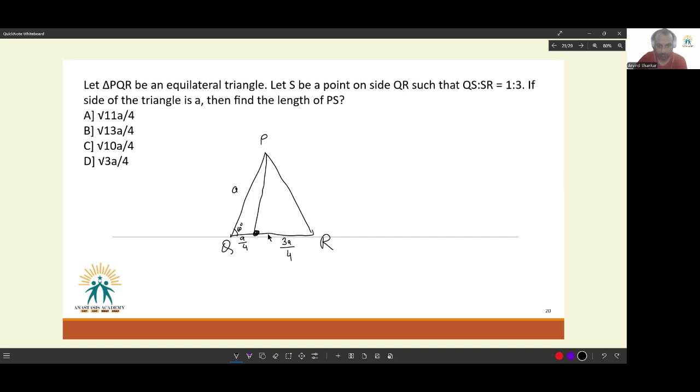So it will be cos 60, half, equal to A square plus A square by 16 minus PS square, by 2 into A into A by 4. This cancels with this. Two. This 2 will go to the top.